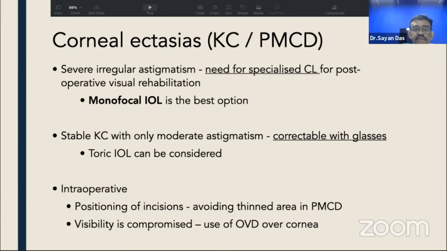And intraoperatively, positioning of the incision is important, particularly in case of PMCD. We should be avoiding the thin area, because in PMCD, the thin area is in the periphery, and visibility may be quite compromised in these patients with irregular cornea. And we should use OVD over the cornea to improve clarity.